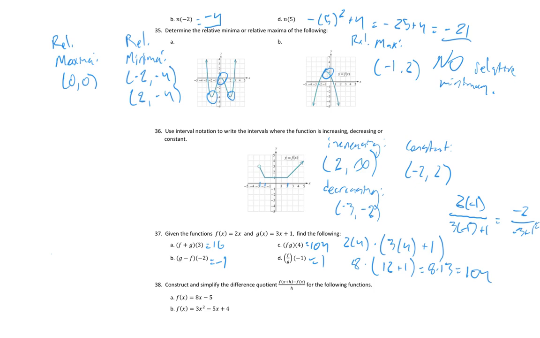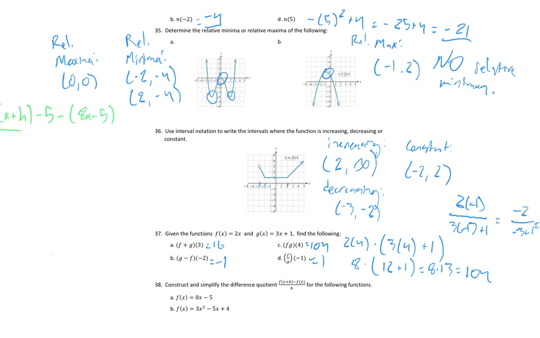Well, let's just use this difference quotient formula. I'm going to write way up to the left, top to the left, so I have less room. So f of x plus h, well, that will be 8 times x plus h instead of x, minus 5. Then minus f of x. So minus f of x is 8x minus 5.